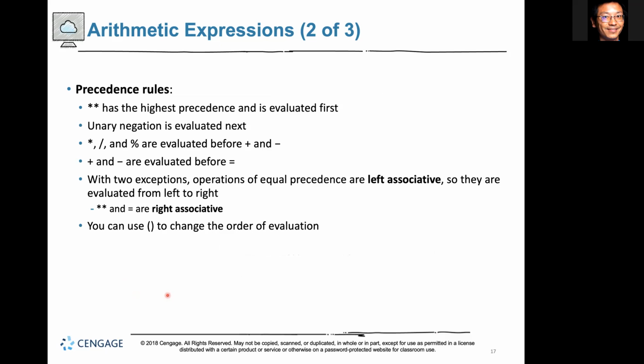When you have multiple operators in the expression, there's this rule of precedence. This just follows the natural way you might use it in math, writing a mathematical formula. The operators with the highest precedence will be evaluated first. And then you can modify the order of evaluation with parentheses, of course, okay?